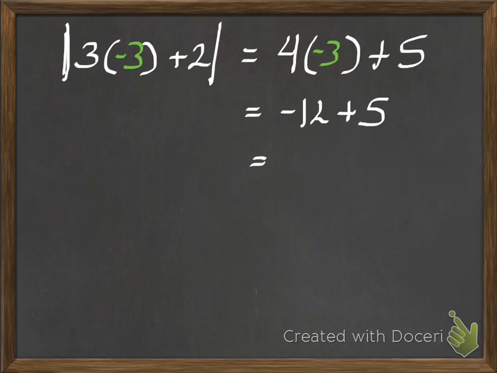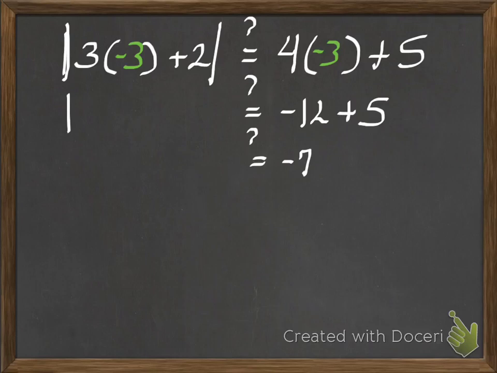And that gives me a negative 7. And basically I am checking to see if this is going to be equal. So I don't really know if those are equal on both sides. But let's see what happens on the left-hand side.